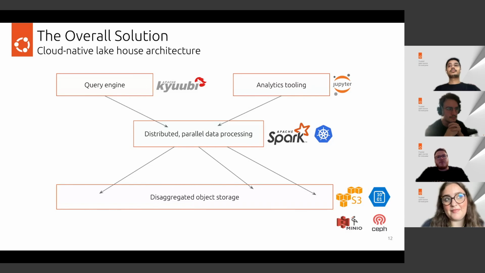As query engine, we can use the presented component Apache Kyuubi that is leveraging the power of Apache Spark to execute queries on top of the object storage. And in order to provide analytics, we can use Jupyter Notebook with Spark context inside to perform our analytics in a distributed fashion.